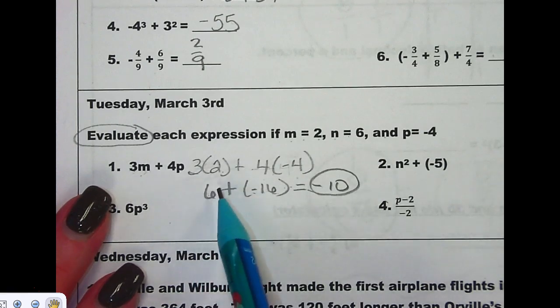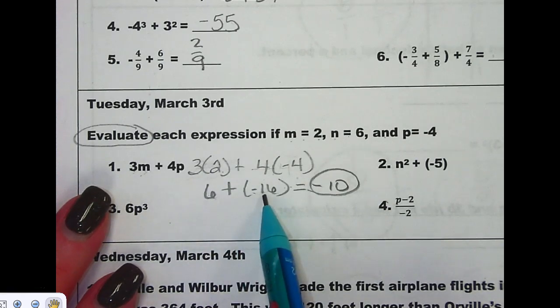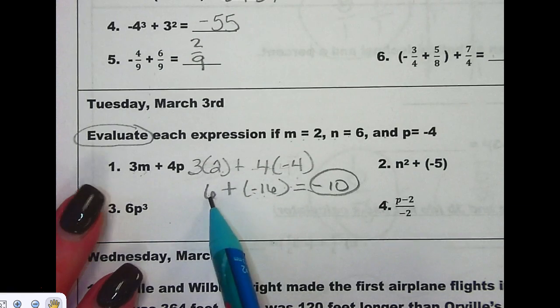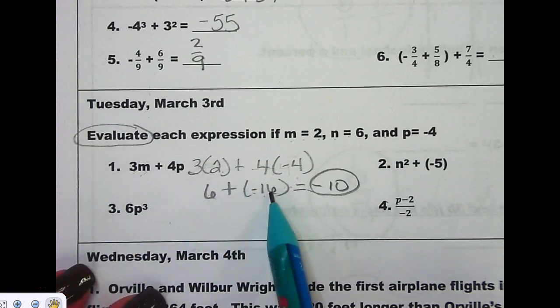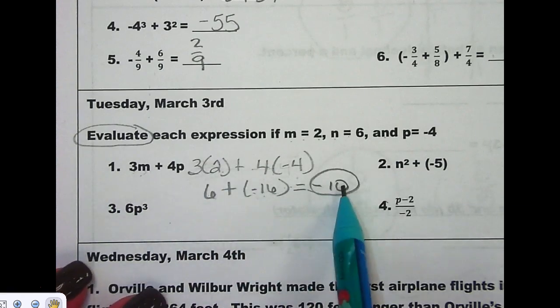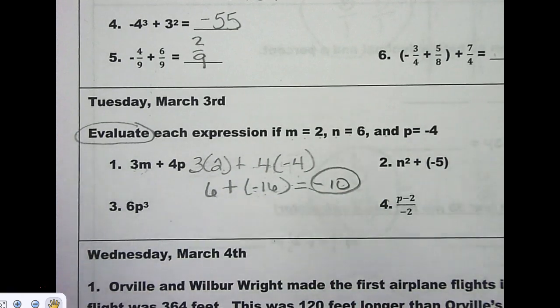Or you could go to +6 on the number line, and then what does it mean to do? Go back how many places? 16. So if you were at +6 on the number line and you made 16 jumps in the negative direction, you would land at -10. What's one more way I could solve that? So I could know the rule.